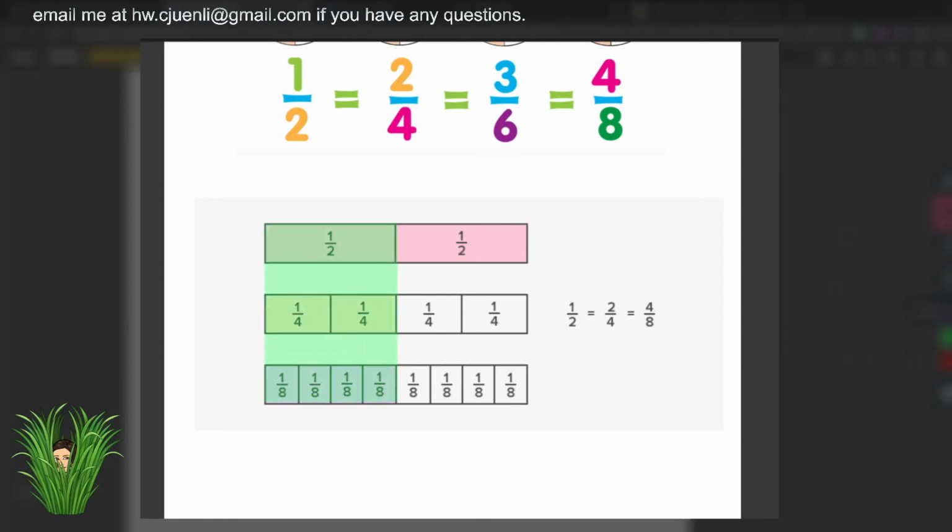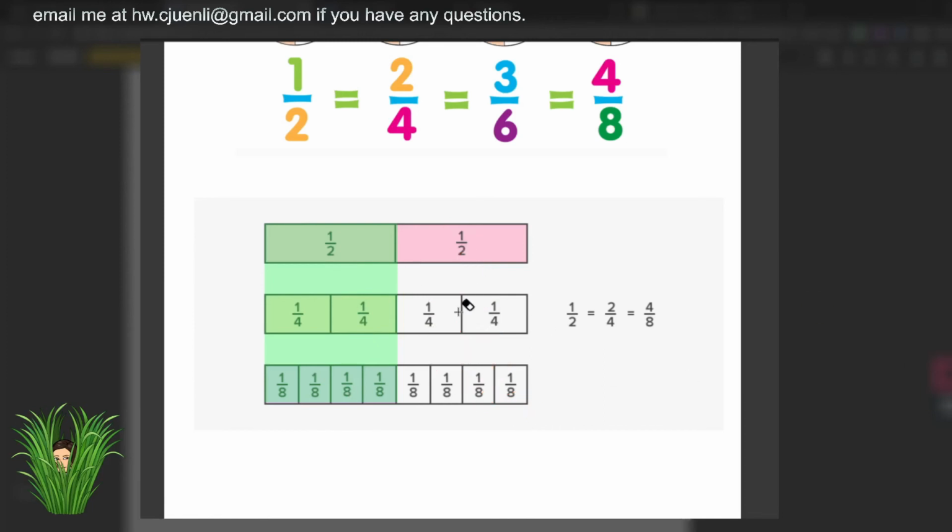They are all stopping at the same place. You don't need to see the rest anymore, only this highlighted part. This whole half that is highlighted in green is 1 over 2, 2 over 4, and 4 over 8.